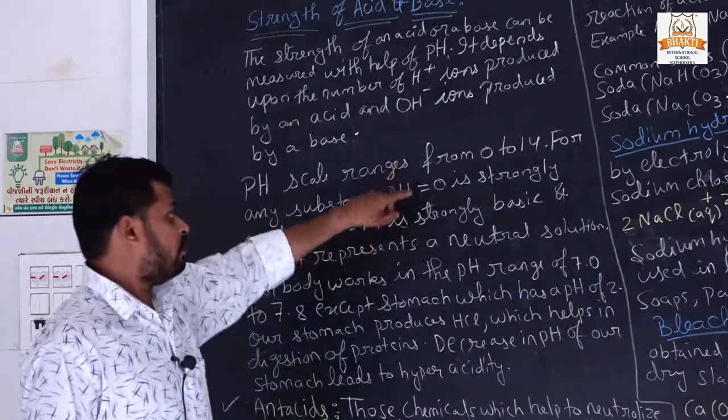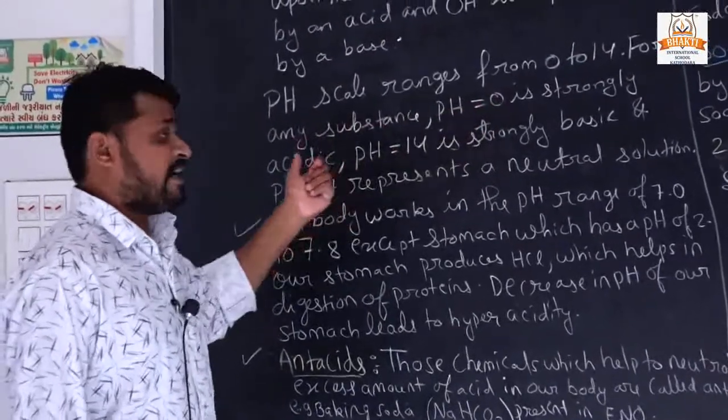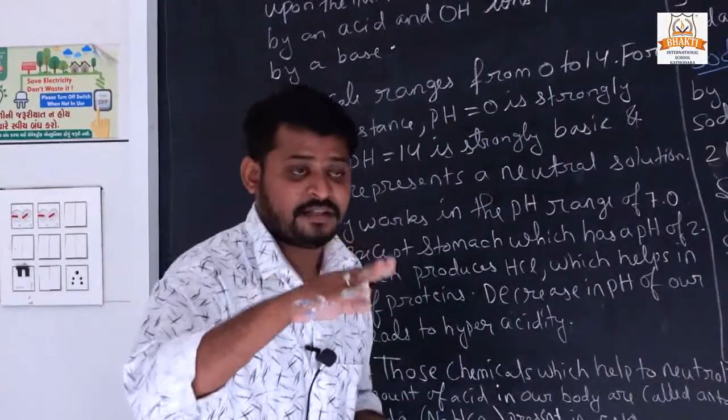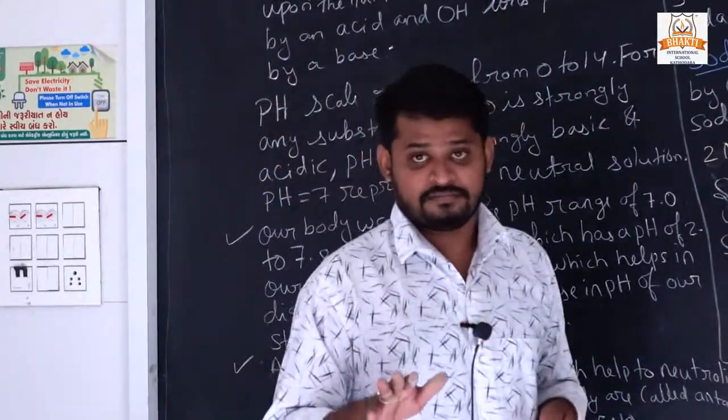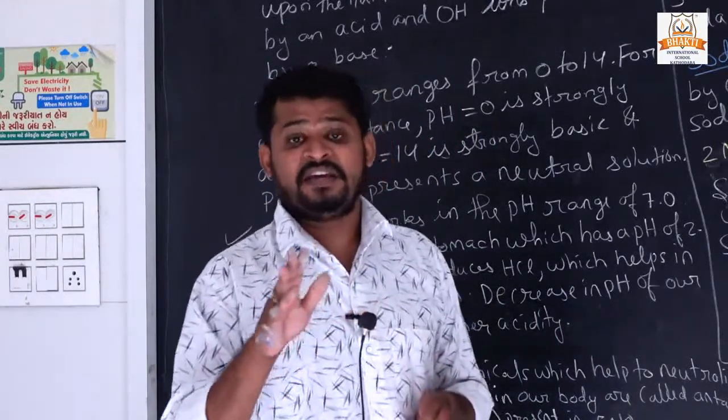We know a substance which has a pH value of 0 is strongly acidic. If we go up from 0 to 7, the acidity goes down. If the pH value is 6, then it is a weak acid.